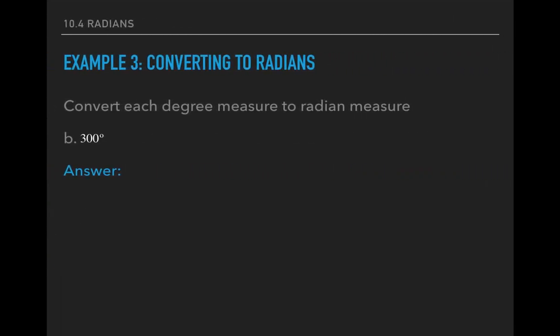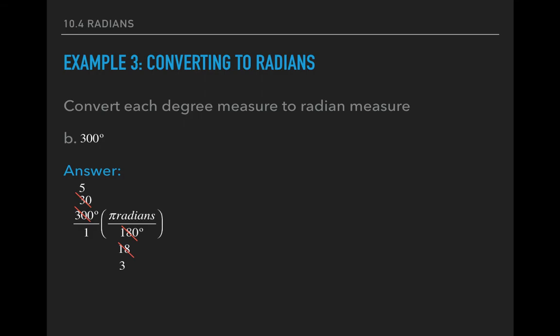Let's try to convert 300 degrees to radians. Again, we're going to set this up and try and use our unit conversions, making sure that we're canceling out degrees, and radians is in the numerator as our final unit. Okay, I know that both those numbers can be divided by 10. So that just kind of makes it a little bit easier to look at now. I'm looking at 30 and 18. What goes into both of those?